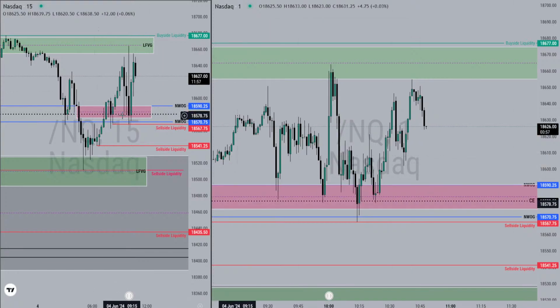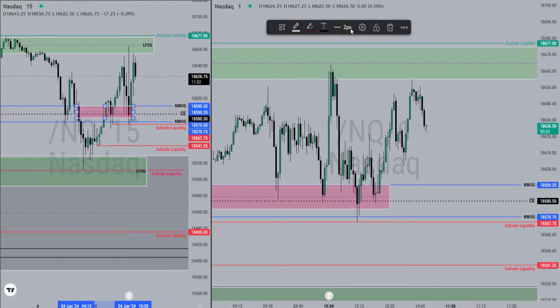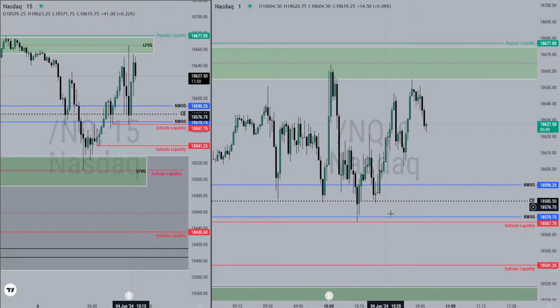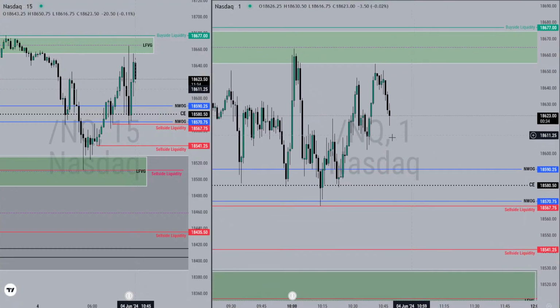Well, this inversion fair value gap is holding the price, but brother, in this area there is nothing more important than the new week opening gap. You can't just use anything else around that area, because this area is the new week opening gap. It will stay just as important for 5 weeks. That was the inversion parabolic, by the way.